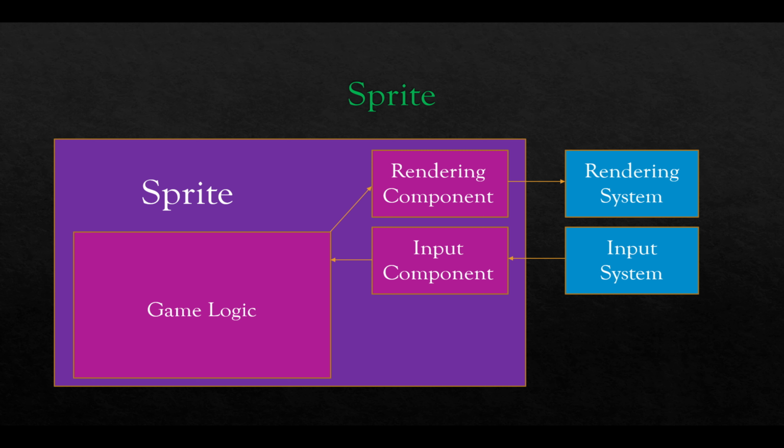And in the next video, we will finally be able to press a button and move a thing through working with multiple systems. A rendering system talking to the rendering component, an input system talking to the input component, and finally some game logic which acts as a script to guide the behaviors of the sprite. Lots of things going on, and we're going to finally get to code in the next video. Thanks for watching.